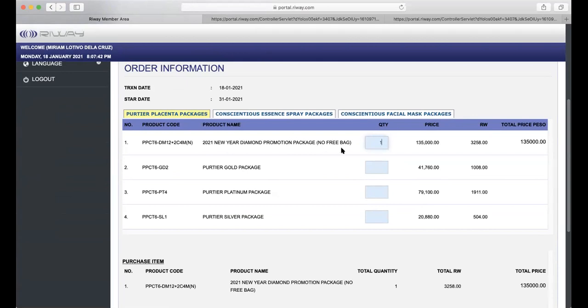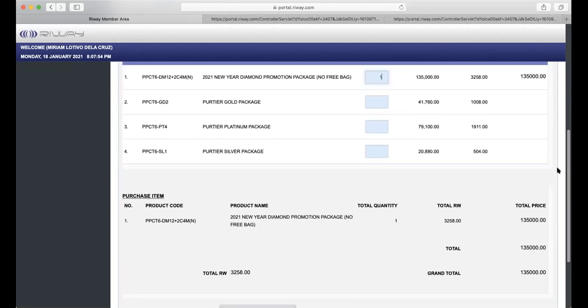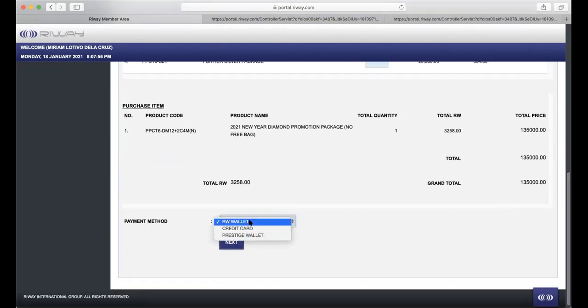So meaning to say, when you see this kind of code, you know that there's a promo. All right. You look at this kind of code like birthday Go package, there's no promo. It's just plain in this way. All right. Then you can choose to pay with RW wallet, credit card, Prestige wallet. Is it clear?